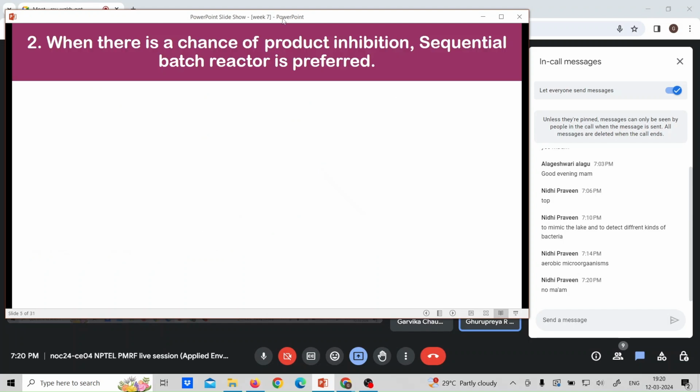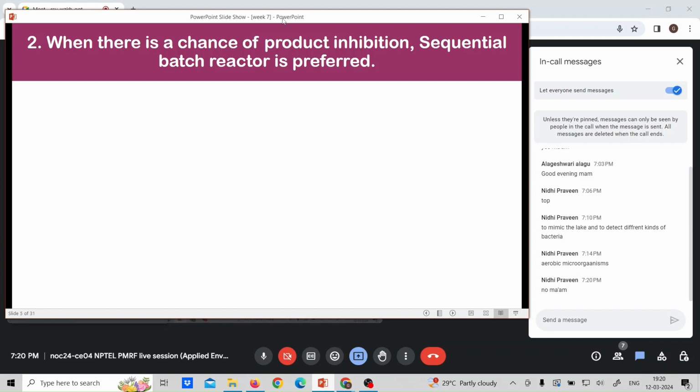So this is your second question. This is a true or false question. As we have followed till now, when it is a statement, it's just asking true or false. When there is a chance of product inhibition, sequential batch reactor is preferred.